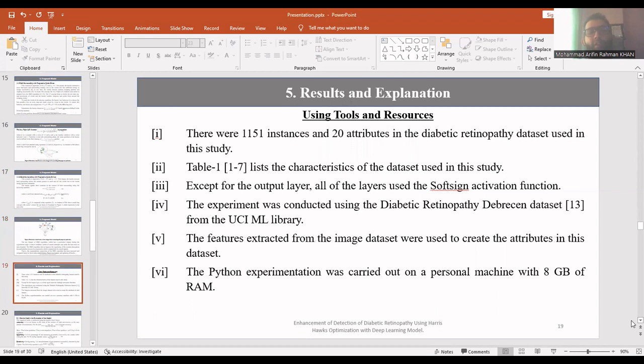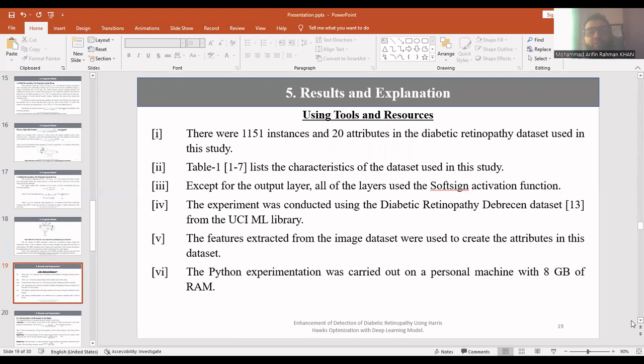Results and explanation. Using tools and resources. 1. There were 1,151 instances and 20 attributes in the diabetic retinopathy dataset used in this study. 2. Table 1 lists the characteristics of the dataset used in this study. 3. Except for the output layer, all of the layers used the softsign activation function. 4.